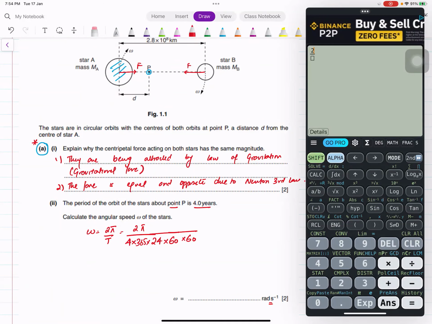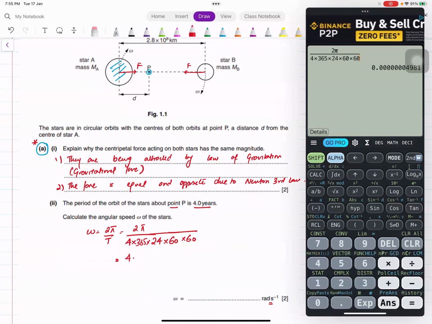Everybody try to solve this, and please let me know if I make a mistake. 60 times 60, and so on. This calculator sucks.